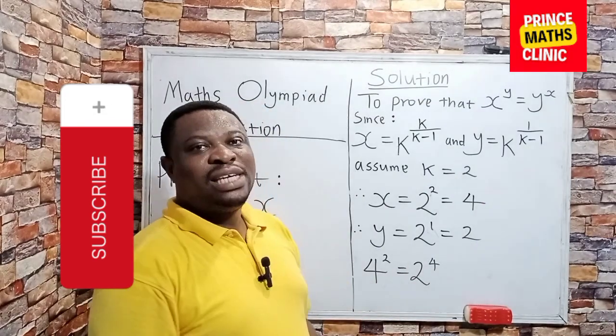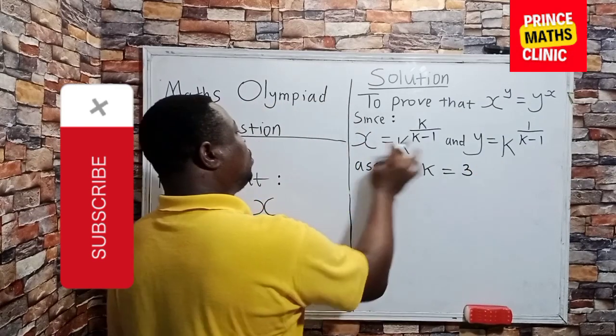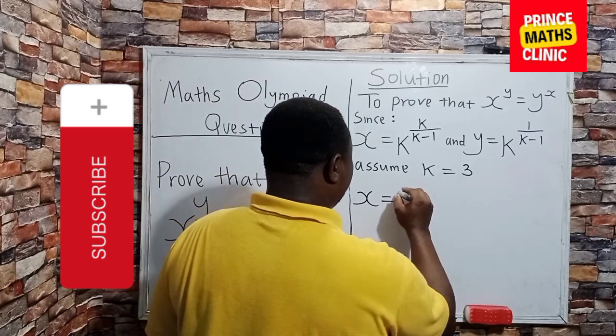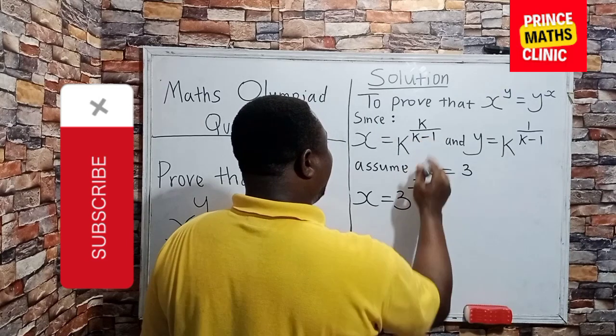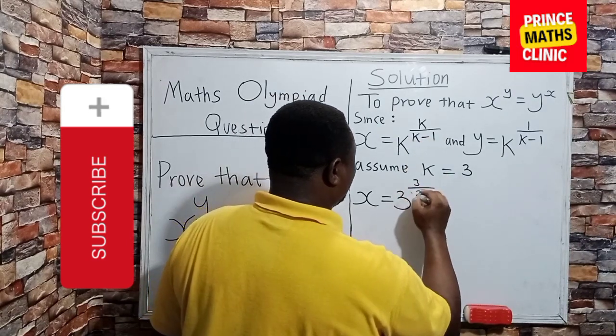Let's also try 3. If k is 3, so what will our x be? Our x will become 3 to the power of 3 over 3 minus 1. And 3 minus 1 is 2.